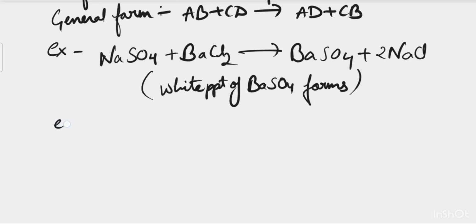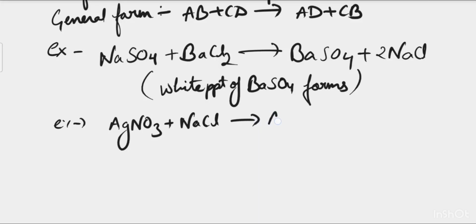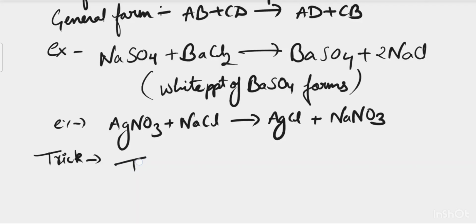Let us see another example. AgNO3 plus NaCl to form AgCl plus NaNO3. And what is the trick? The trick here is to switch partners.